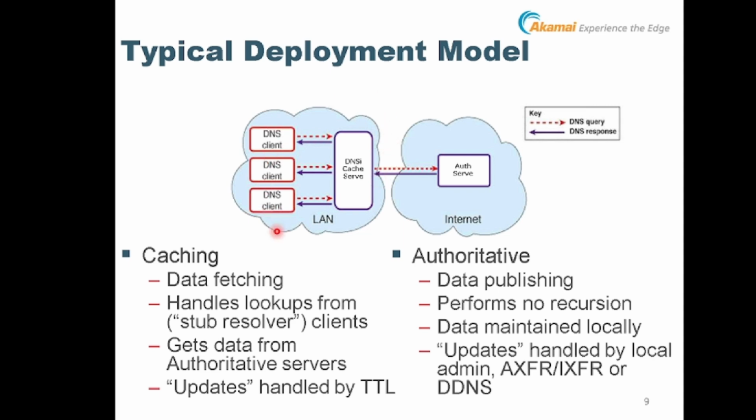Typically, it may not be a local area network, but typically in some kind of enclosed network, but talking to authorities who provide all the information that are located somewhere out on the internet. And the updates are handled by data expiring based on the TTL. So that's just a reminder of how caching is different than authoritative service.